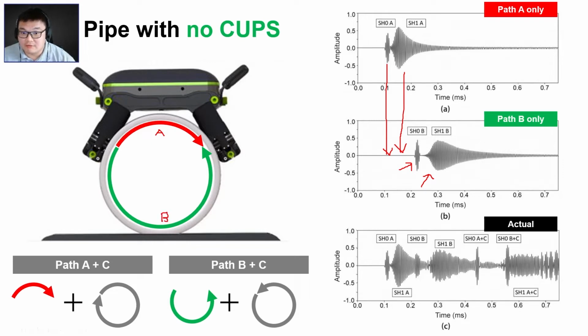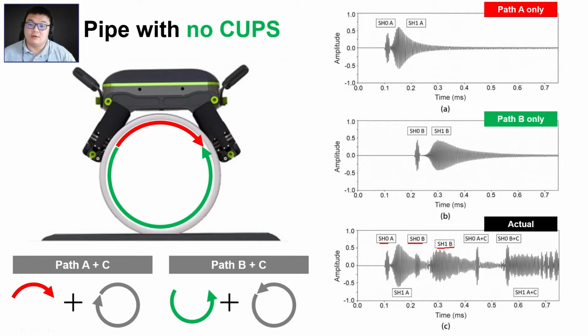The path of A is shorter than the path of B. Now, in reality, guided waves are transmitted at the same time and received at the receiver, so we will see both A and B paths in the time domain.